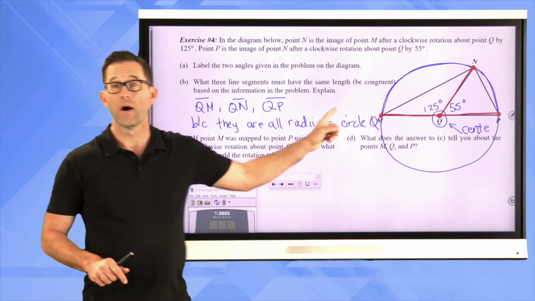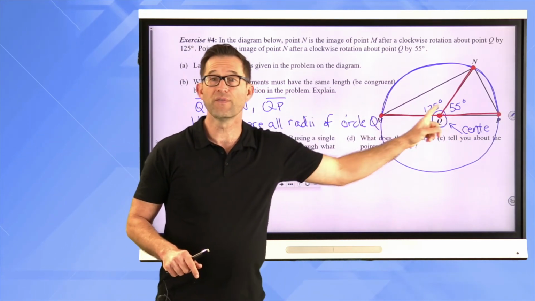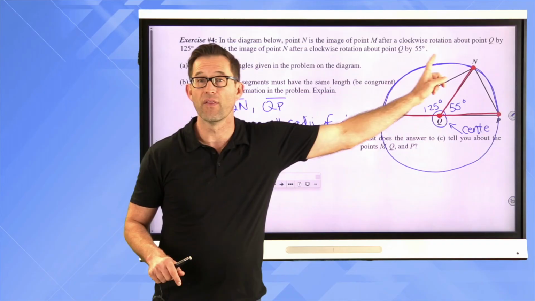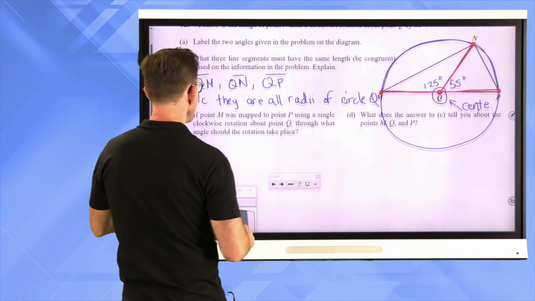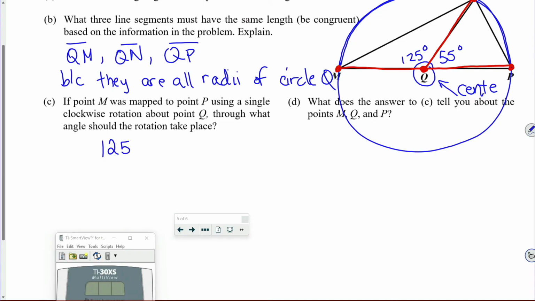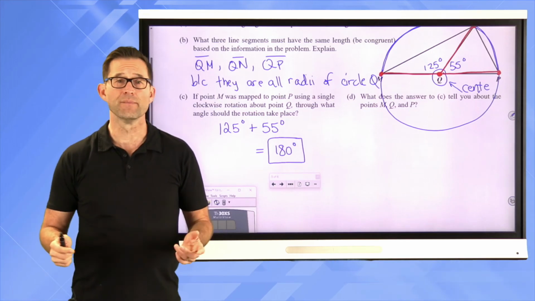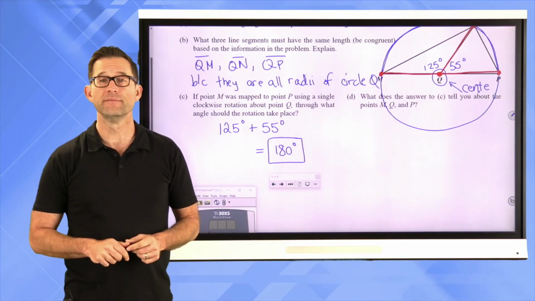Well, I need to use 125 plus 55. I need to rotate it that angle plus that angle. So it'll be 125 degrees plus 55 degrees, and that means I would have to rotate it 180 degrees. Awesome.